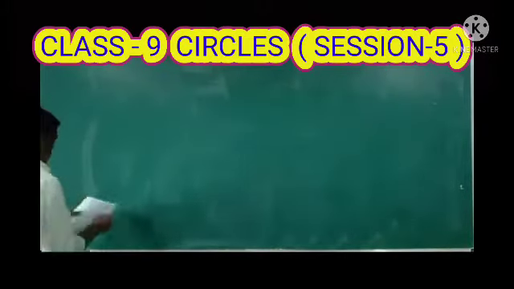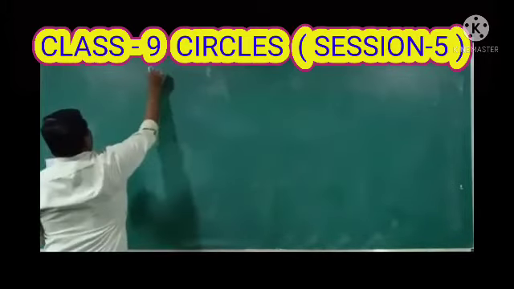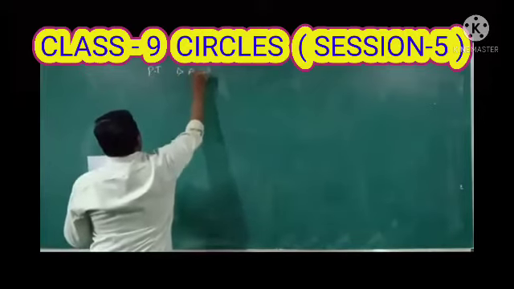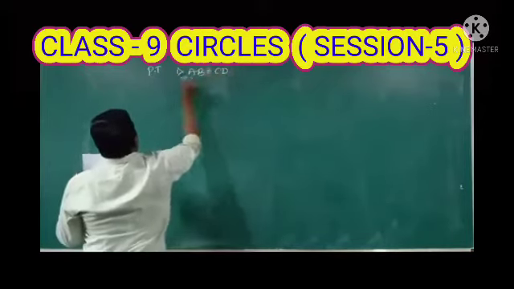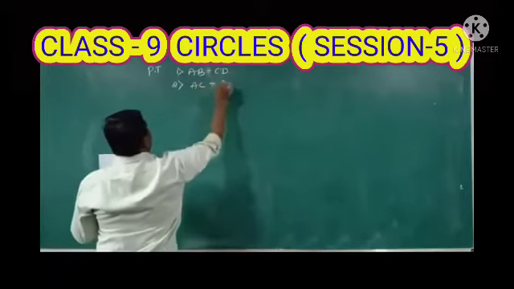So show that. First one, what you have to prove here? First one, prove that AB is equal to CD, and second one is AC is equal to BD.